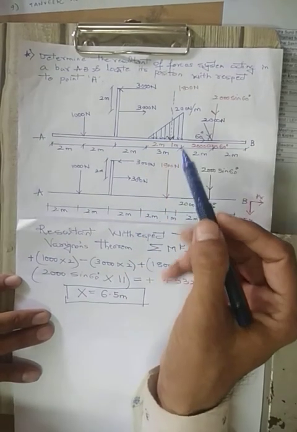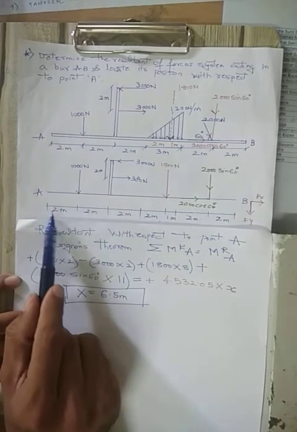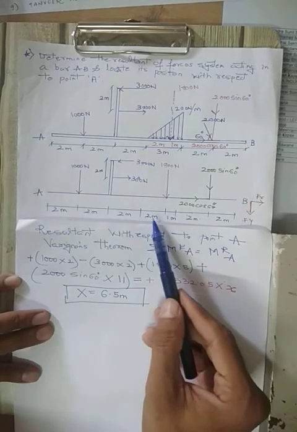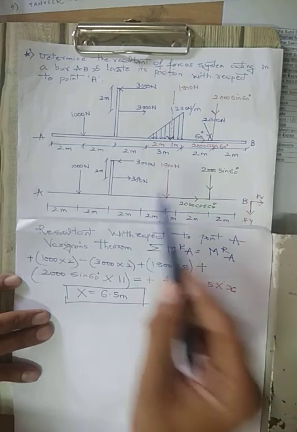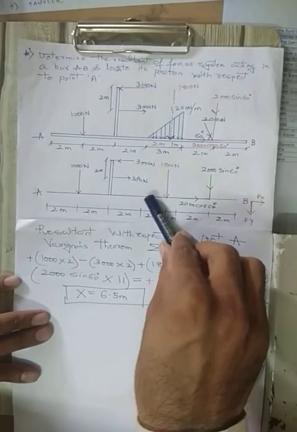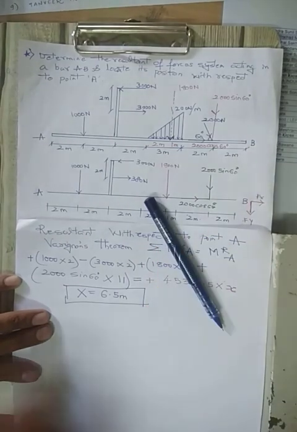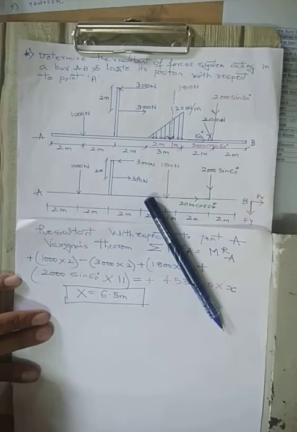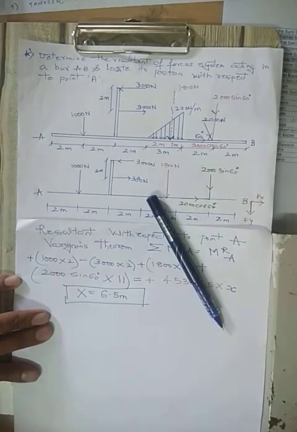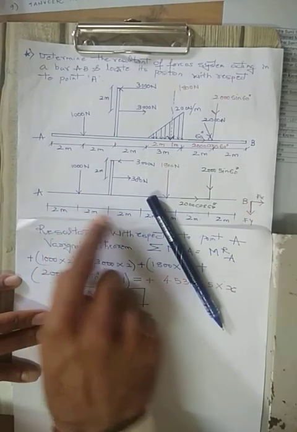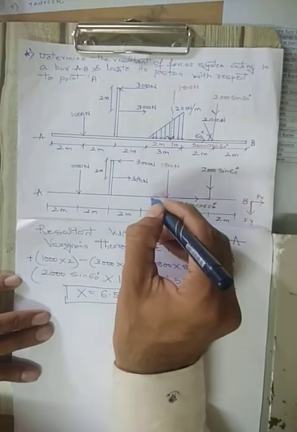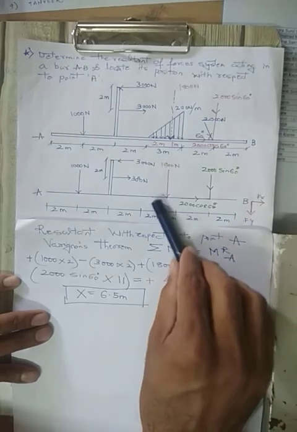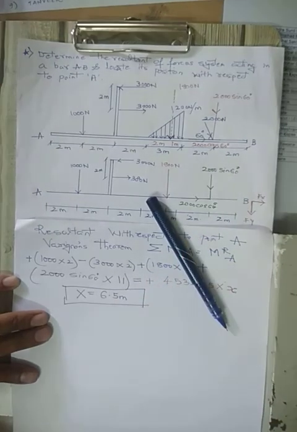That means where the resultant is acting, here it is 2 plus 2, 4, 6. 6.5 is somewhat here. The resultant will be acting at this point, in this way. So this is the direction of resultant, which is acting at this point in fourth quadrant.